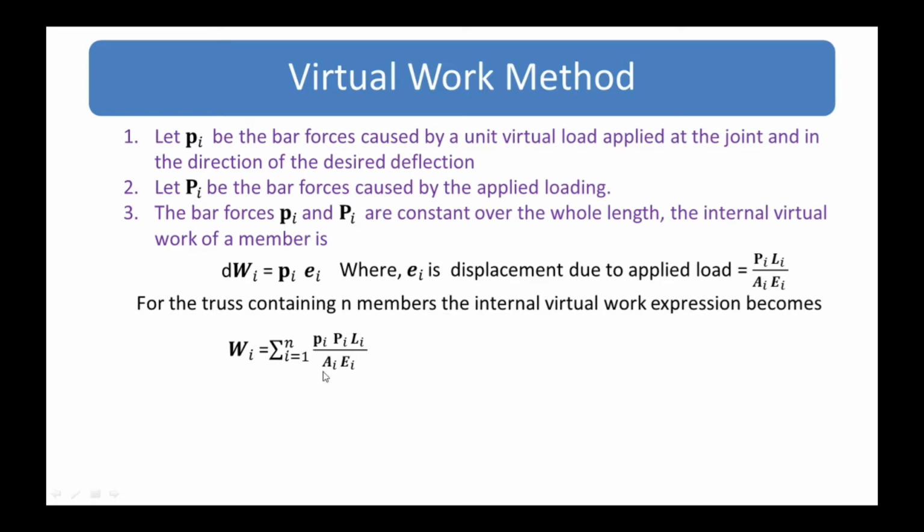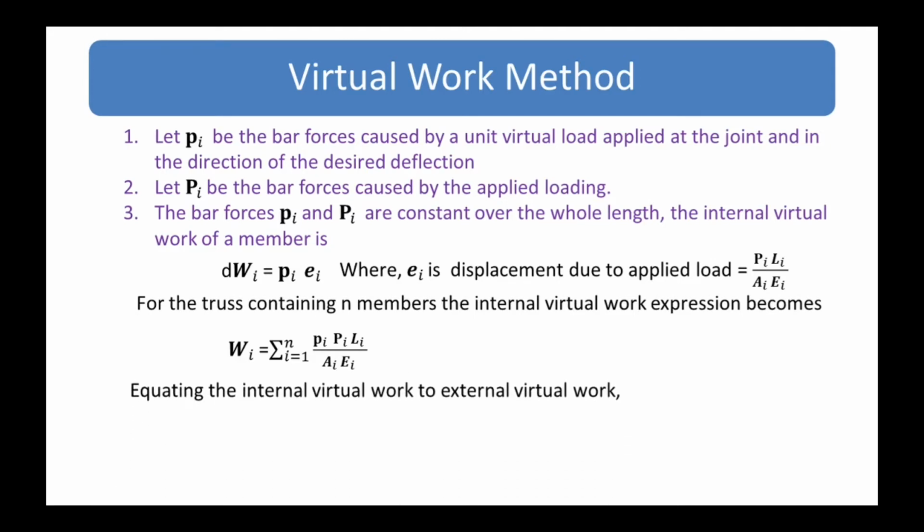So that is small pi into capital Pi into L divided by A into E. This is the internal virtual work for all the members for the application of the unit virtual load at the joint where we desire the deflection.